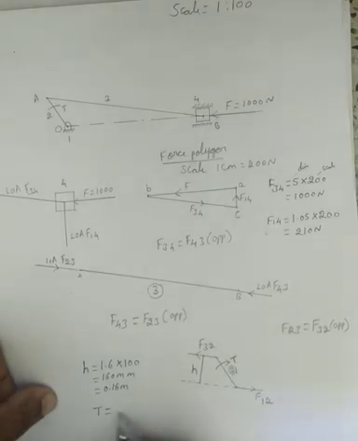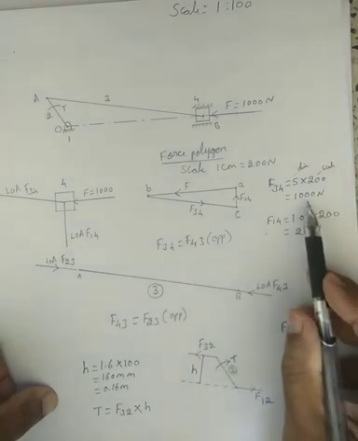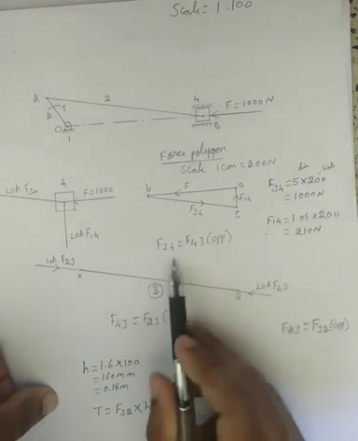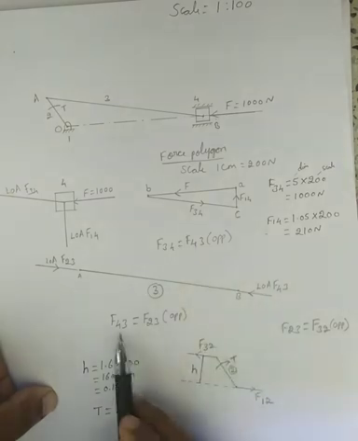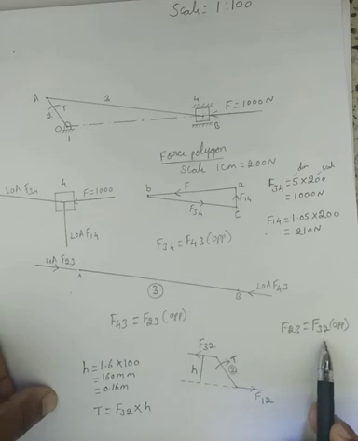Now I have to find the torque. Torque means force into height. Force you can take any one, so I can consider F32 into h. What is the value of F32? The value of F32 is the same as that of F34, because F34 is equal to F43, F43 is equal to F23, and F23 is equal to F32.